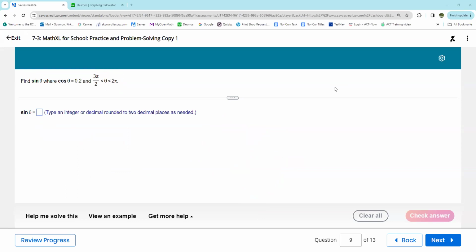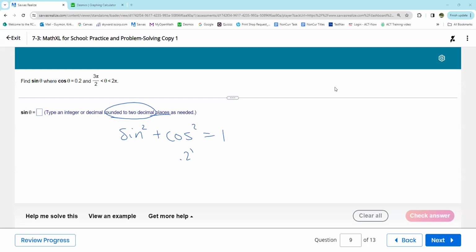I've seen some of you do the same thing before, where you just get it wrong so you can see what they want you to do. What they're talking about is that for any angle, sine squared plus cosine squared equals 1. If we wanted to do that here, we could do what I did in the last example, but since they're saying round to 2 decimal places, this is probably a touch faster.